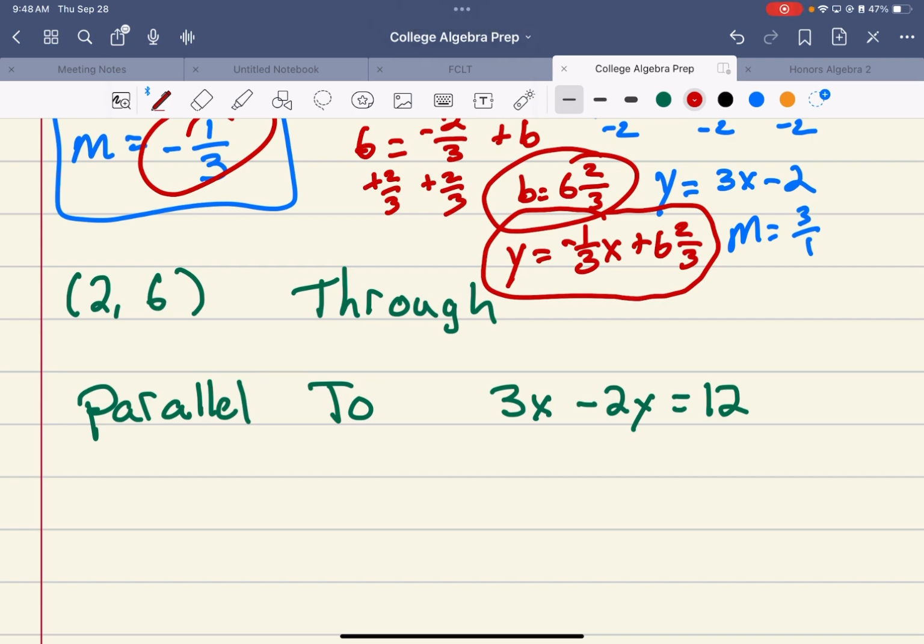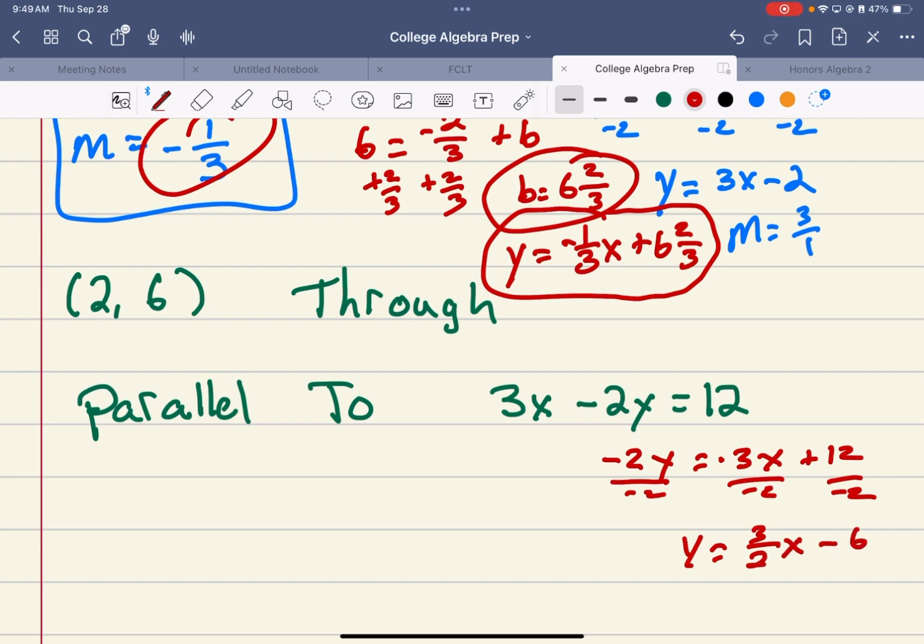All right, so I'm going to subtract 3x. So negative 2y equals negative 3x plus 12. Divide everything by -2. Y is equal to 3/2 x minus 6. That's a negative there.